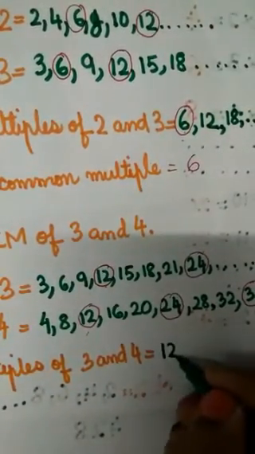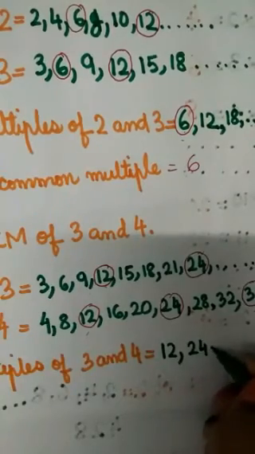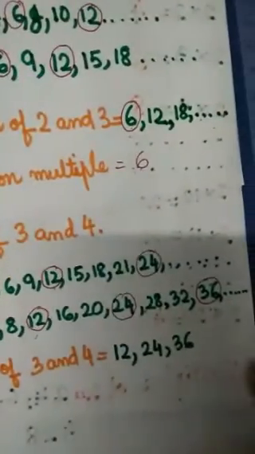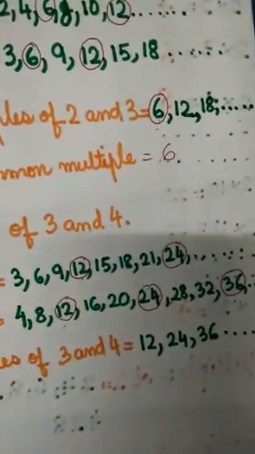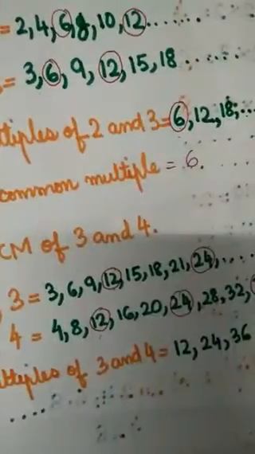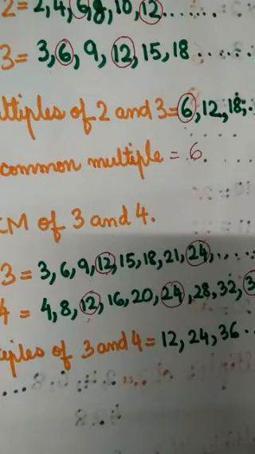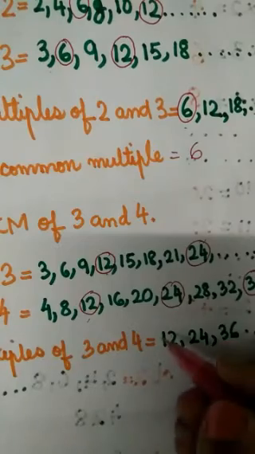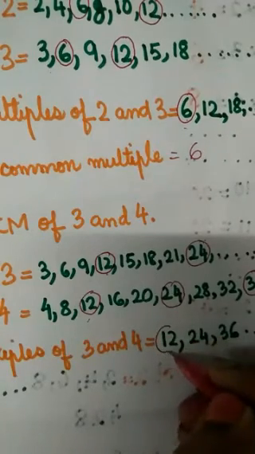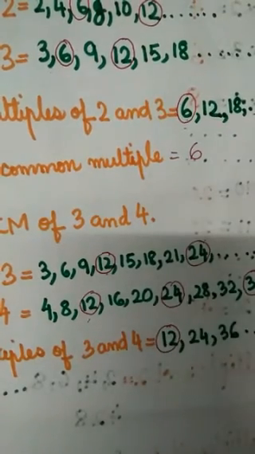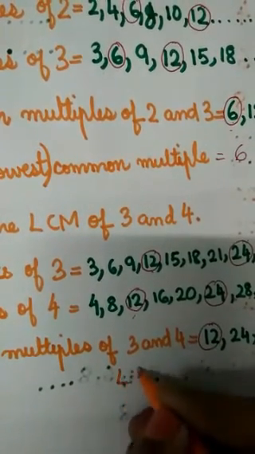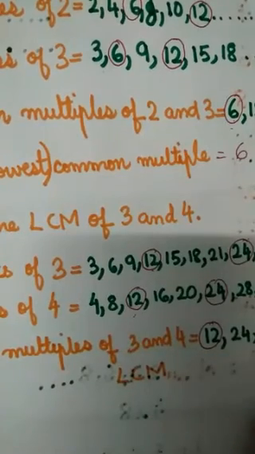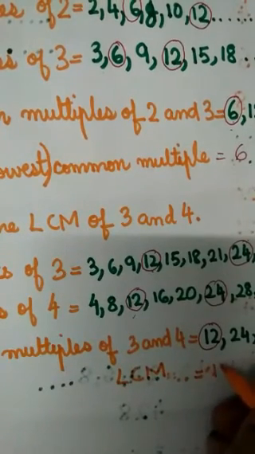We will write 12, 24, 36, and then we are going to put dot dot dot. Why? Because there can be many answers. Okay, and LCM. What is the LCM? Which is the lowest one? That is the LCM. The least one is the LCM. So सबसे छोटा कौन है? 12. So the LCM, the lowest common multiple or the least common multiple, is 12.